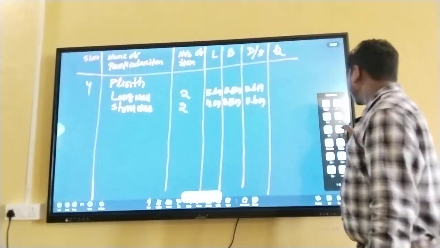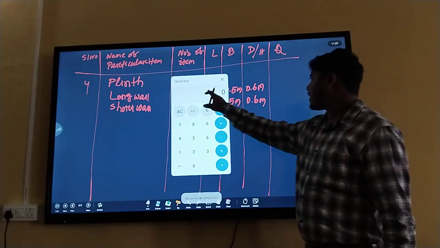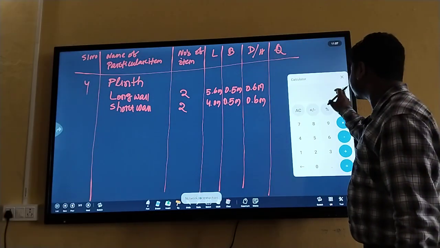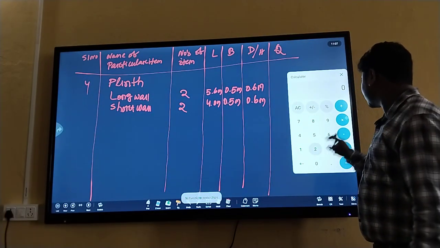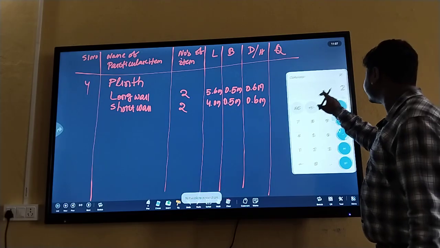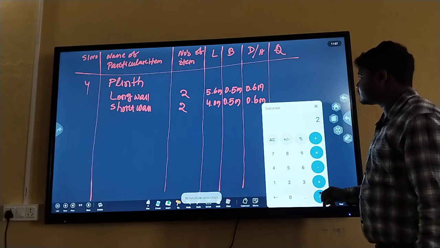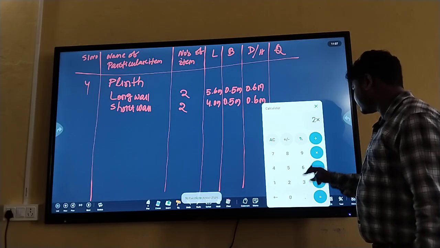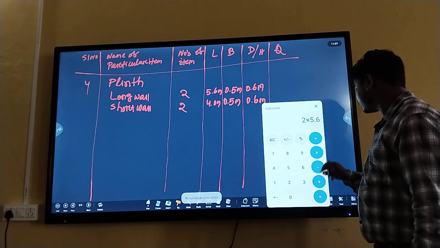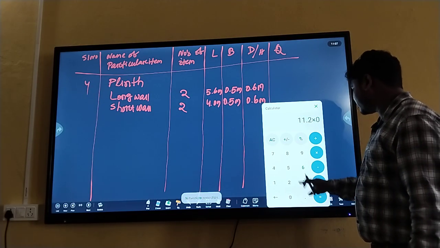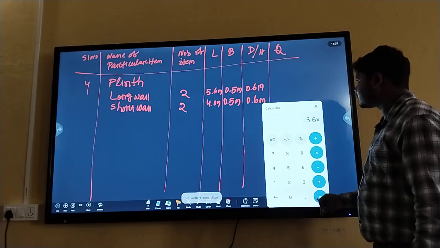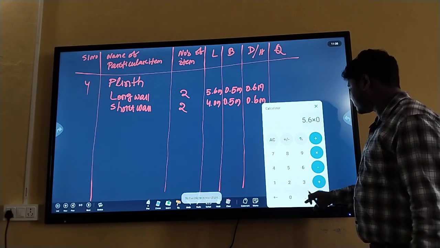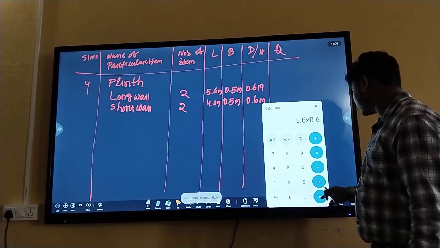From here we can find the quantity of plinth. 2 into 5.6 into 0.5 into 0.6.